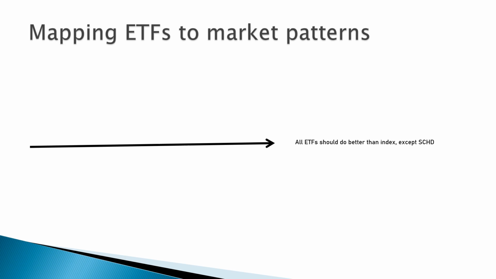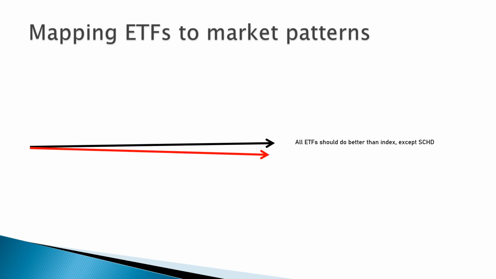I expect all my ETFs to do better than the index, except for SCHD. And the reason for that is that every one of these ETFs is selling calls, and so I'm getting income even though the underlying assets are not moving, including the S&P 500. So this is where there should be outperformance on the part of my portfolio.